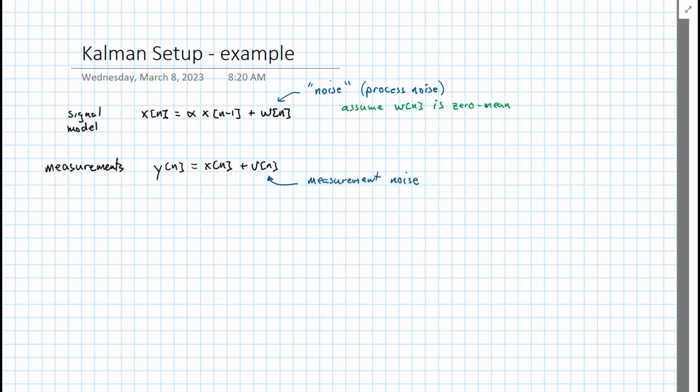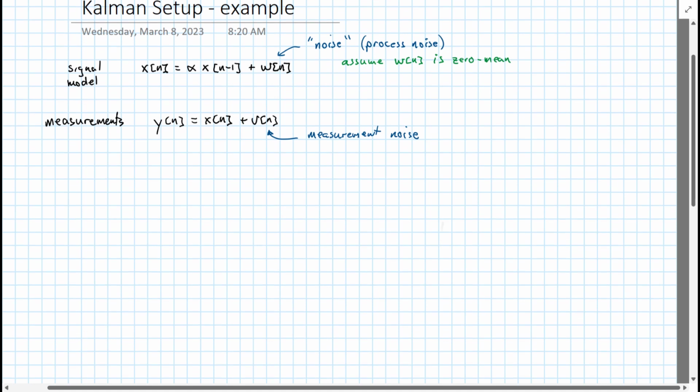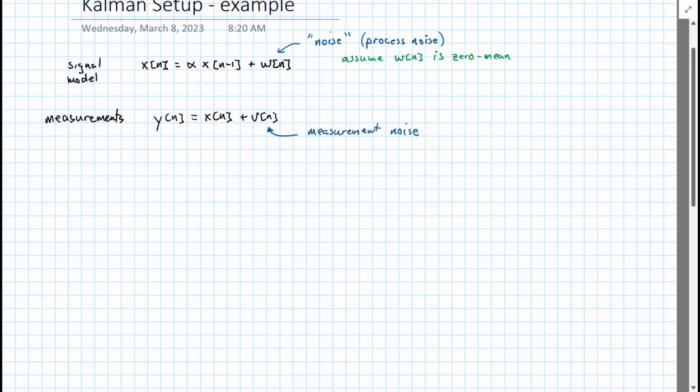Our intermediate example of how to set up the Kalman filter idea introduced this idea of an autoregressive process. So I guess as our second Kalman setup example, let's put an autoregressive process into the Kalman framework and see how that works.